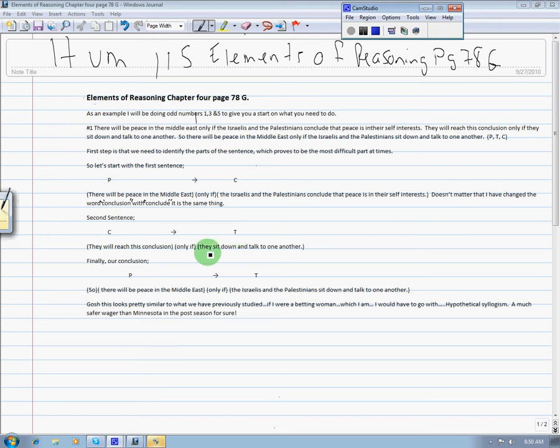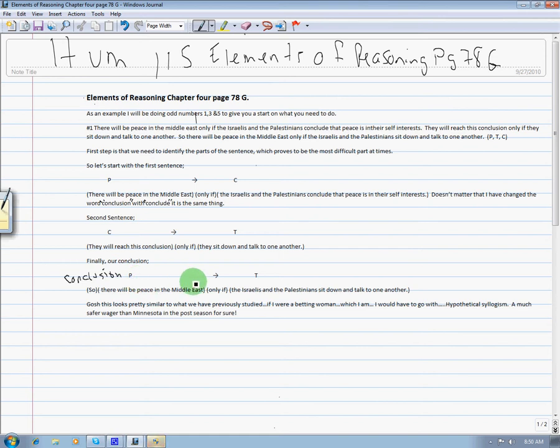Finally, our conclusion, which we always know is going to be conclusion. So there will be peace in the Middle East. I'm going to put my P there.